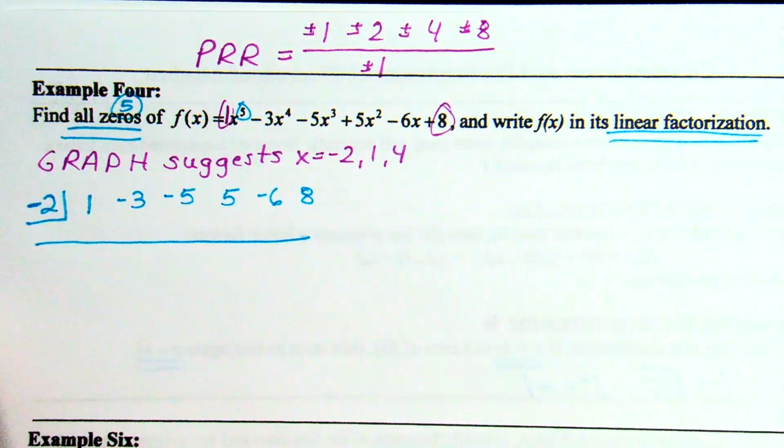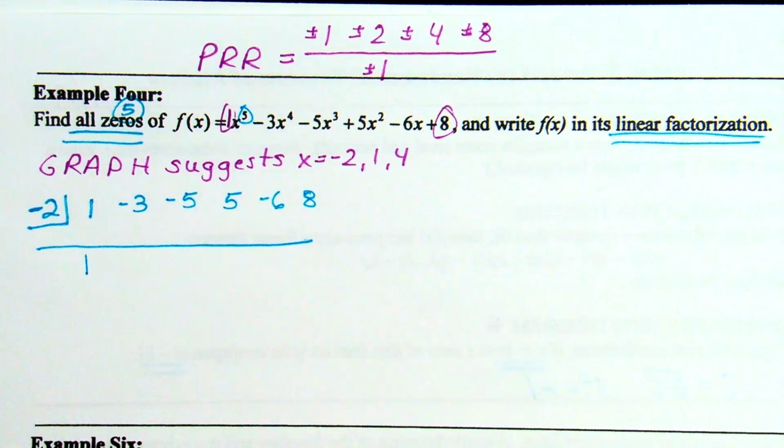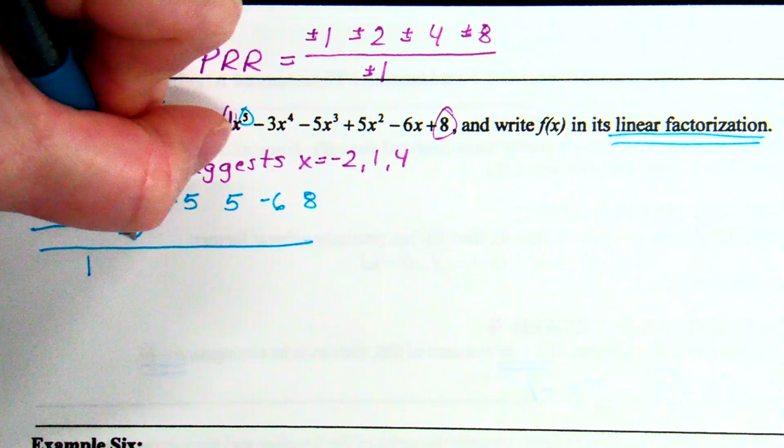You guys got your synthetic division under control here? Drop the 1, multiply, add, and repeat. -2 times 1 is -2. That adds to be -5. Multiply, 10. Add, 5. Multiply, -10.